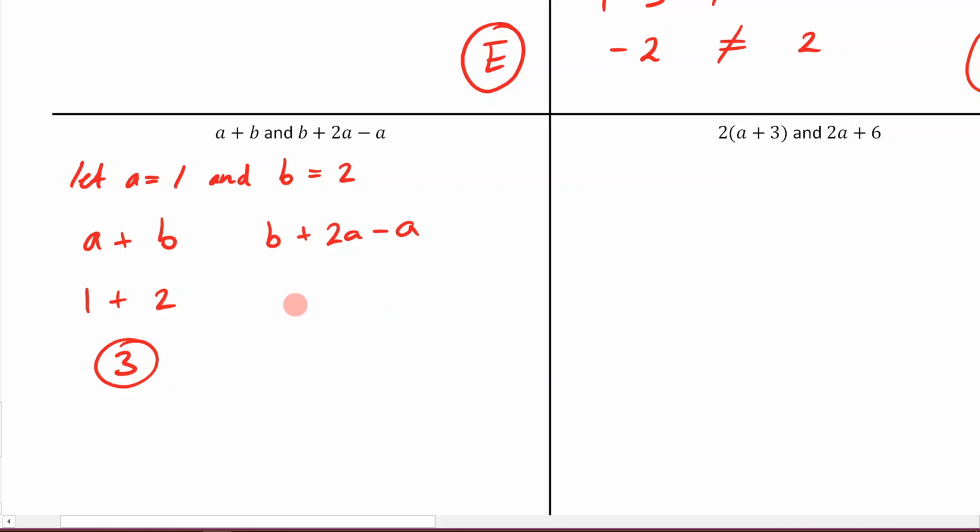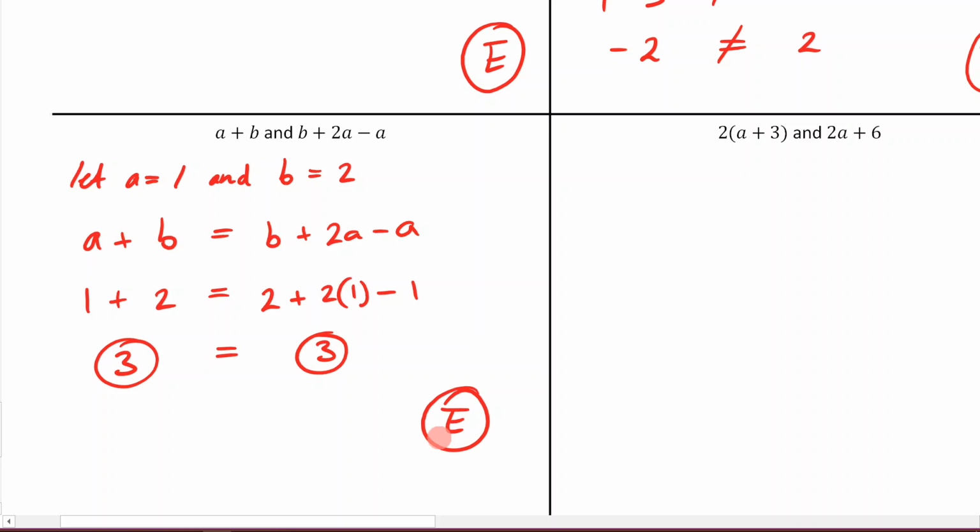For this one, I would end up with 2 plus 2 times 1 minus 1. So this is going to be 2 plus 2 minus 1, and that is going to be equal to 3. So these are equal, so therefore these are equivalent.